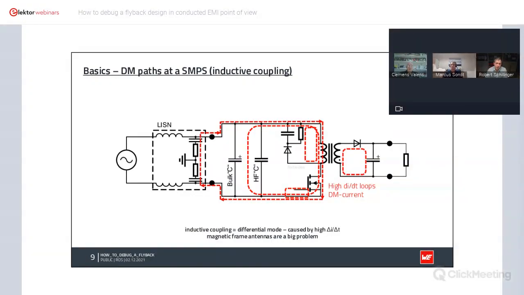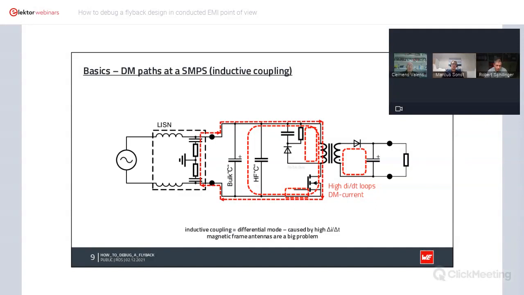Now I'll show you some paths in an example, a Flyback example. In principle we have a lot of high dI over dt loops in the outside path from the transformer via the diode, for example, and the output capacitor, or also on the primary side.